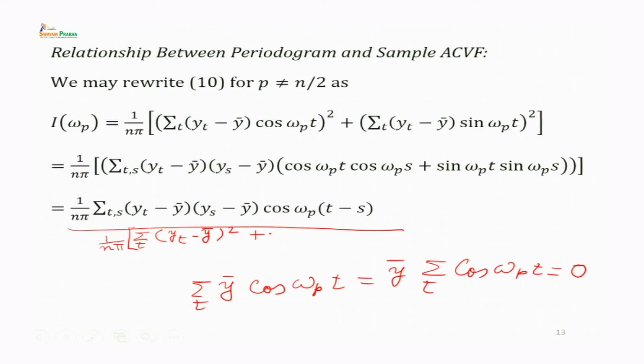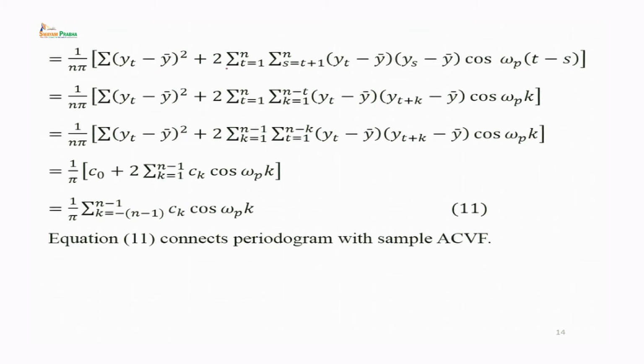And then you have t not equal to s, which you can write as 2 times summation over t, and summation over s from s equal to t plus 1 up to n, (y t minus y bar)(y s minus y bar) cos omega p (t minus s). So, you get this expression.